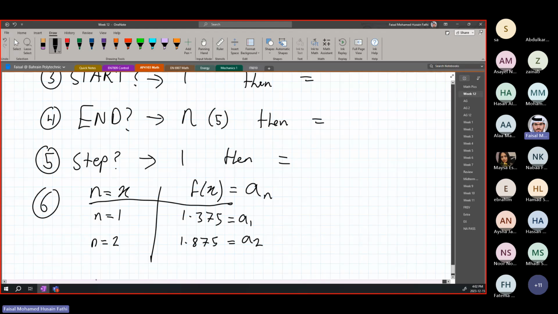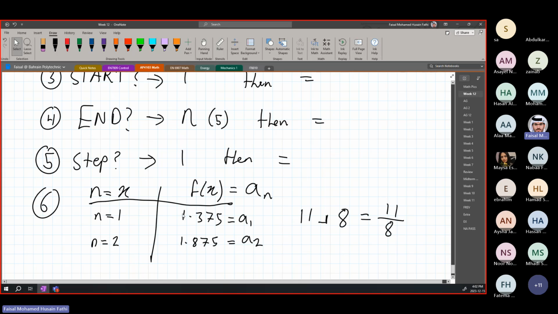This means this is 11 over 8, which is 11 divided by 8. You will see all of them in that form if you want it in fraction. Is this clear? Everyone knows how to find this in the calculator. So you can do this for any arithmetic sequence given your an equation.